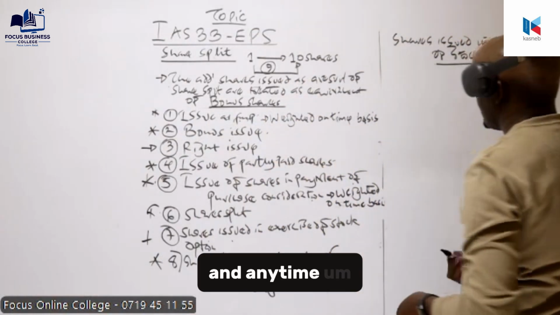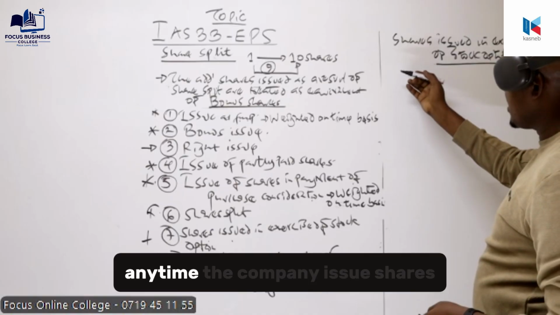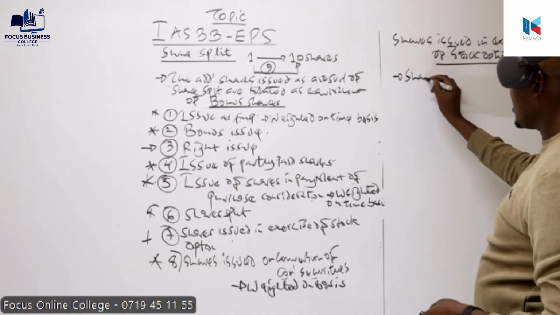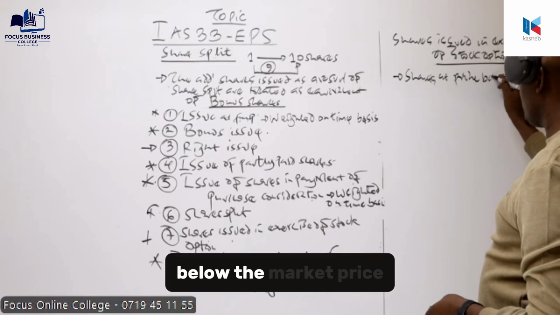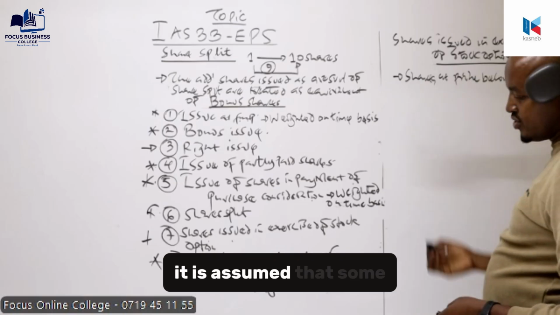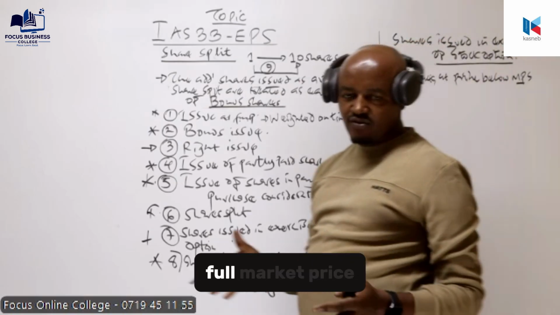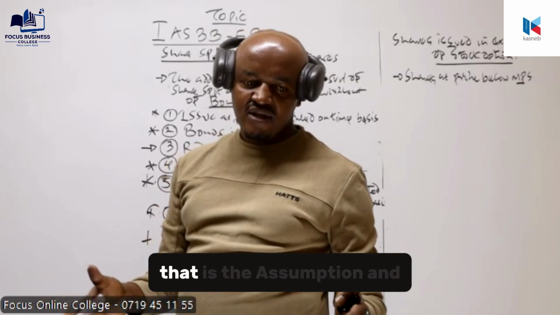And anytime the company issues shares at a price which is below the market price, then it is assumed that some of the shares here have been issued at full market price, whereas other shares have been issued free of charge. That is the assumption.